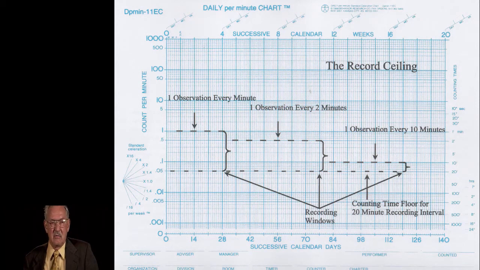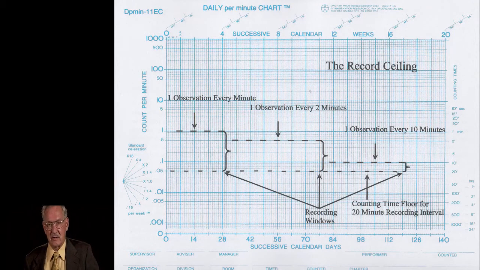Now, clearly, we do not recommend that practice because we would like to be able to see frequencies above 2 per minute if we possibly can, particularly if it's a high frequency behavior that we want to decrease. Now, if you like metaphors, you can combine the words floor and ceiling and you get a kind of an image of a window. Right? I mean, the floor and the ceiling are the limits where you can put a window. From the point of view of observing behavior, we want our window to be as wide as possible. What does that mean?